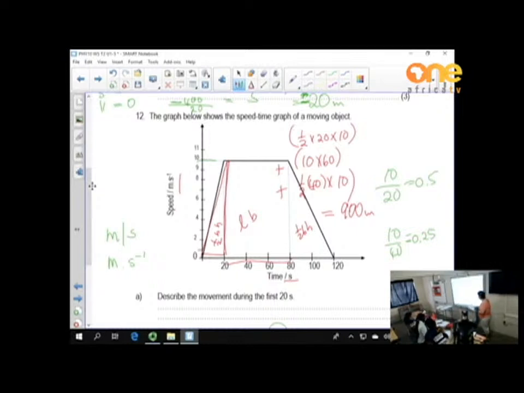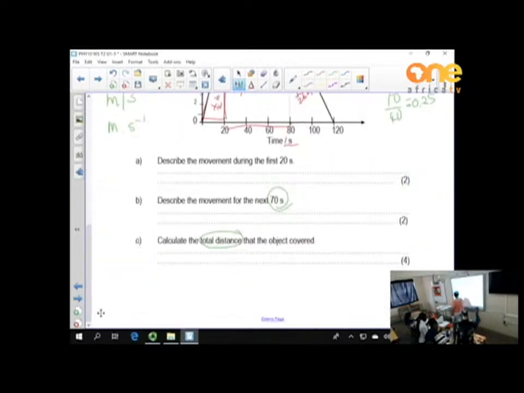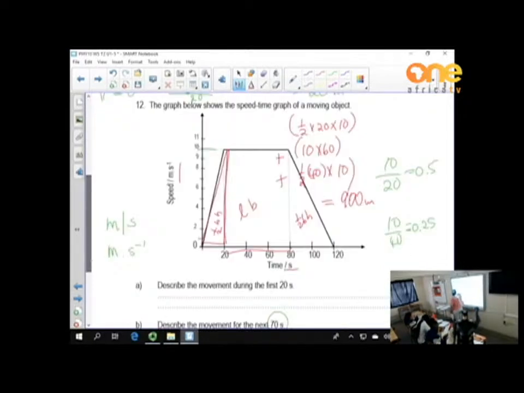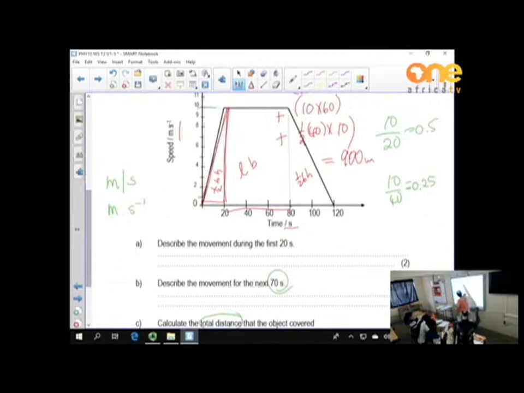The next two. Describe the motion. What is the value for the motion in A? We have to calculate the acceleration, which we said is the gradient of that line.